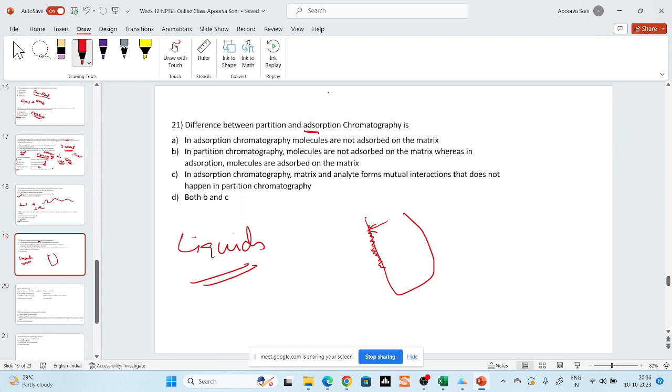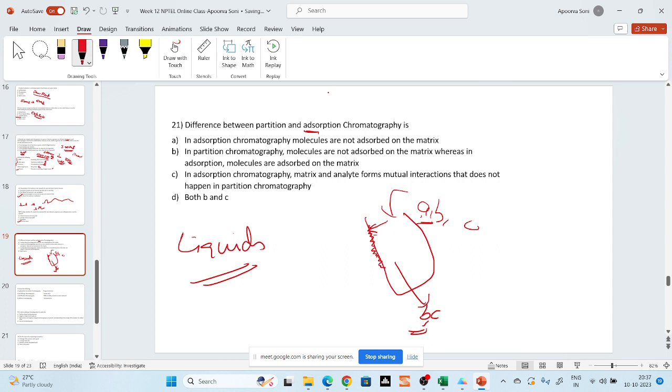So depending upon the kind of analyte and the kind of matrix, if this is your analyte, it has A, B, C, and if A has the interaction capability with the matrix, then A will interact with the matrix and B and C would be eluted. That is your adsorption.